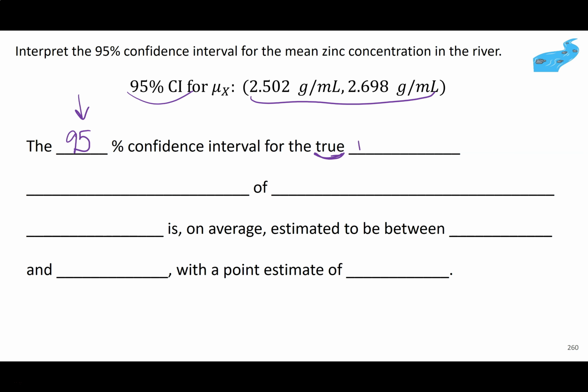So for the true mean, and then mean what? Oh, zinc concentration. The mean zinc concentration of what? Now we have to put our population, so of all locations on this river.